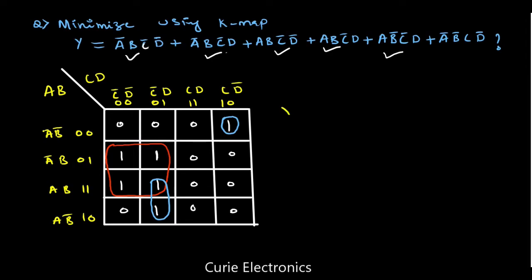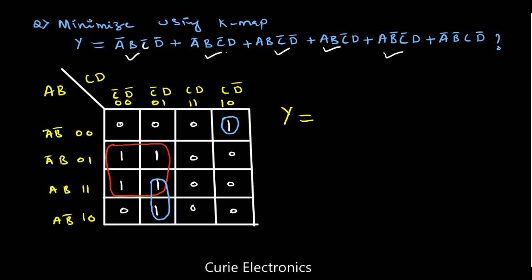So Y equals, now we are simplifying the quad. For that, what you have to do? We have to see the two rows. That is A bar B, A B. When these two rows are there, we have two variables. If variables are there in original form and complemented form, they will cancel.